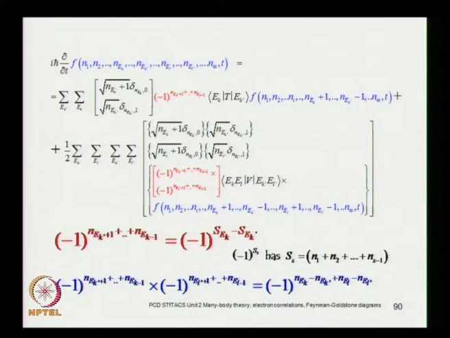So, we can now do a little bit of simple manipulation of this phase factor, because this is very simple, because this phase can be written as -1 to the power S Ek minus S Ek prime. This is very easy to see. I will leave this as an exercise for you to figure out.